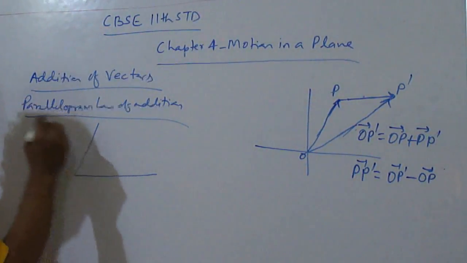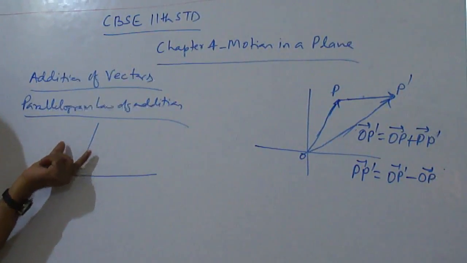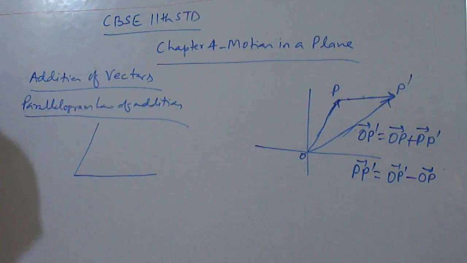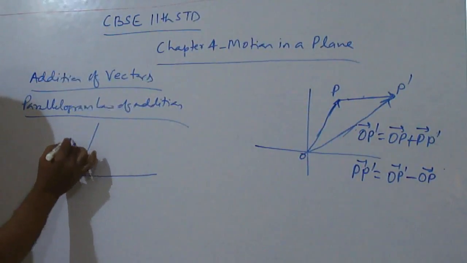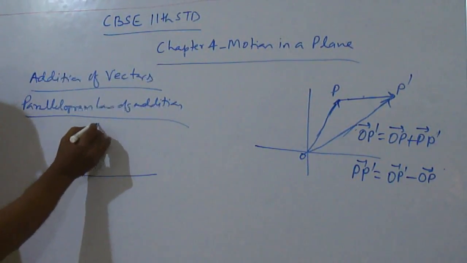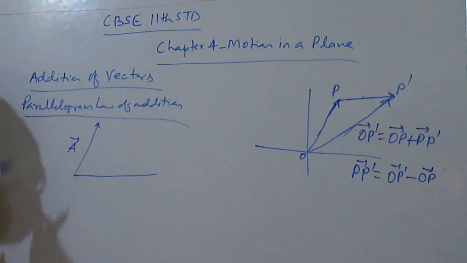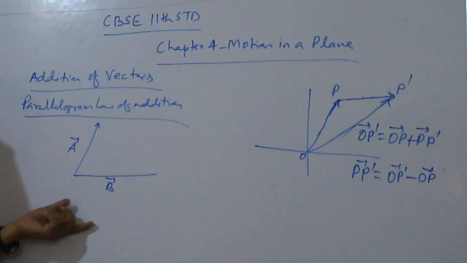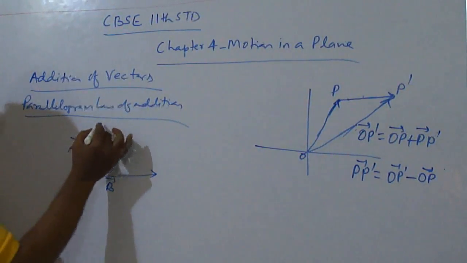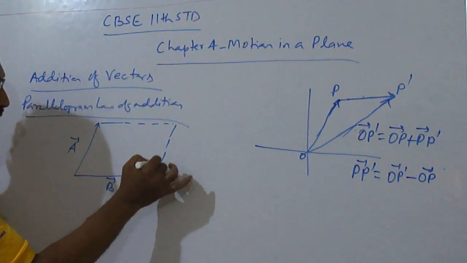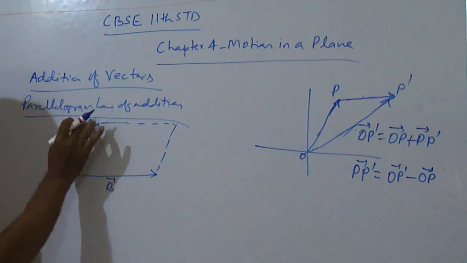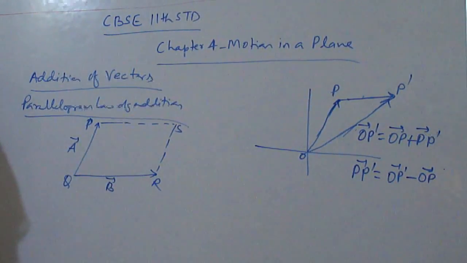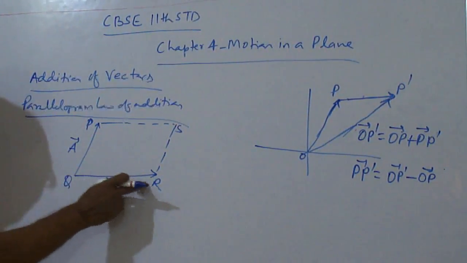Suppose in this parallelogram it is said that if two consecutive sides, not opposite sides, are represented by the A vector on one side and the B vector on another side, then when you draw the parallelogram, say P, Q, R, S, PQ is one side and QR is another side.